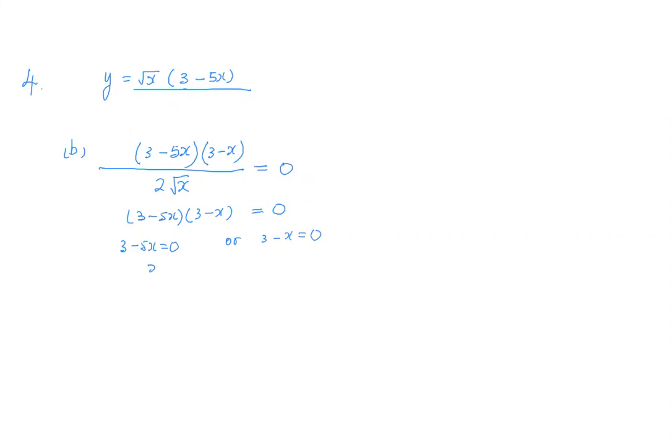So x equals 3 over 5, or x equals 3. Can both be accepted? The answer is yes, because the domain for this case is x a real number, and x must be greater than or equal to 0.